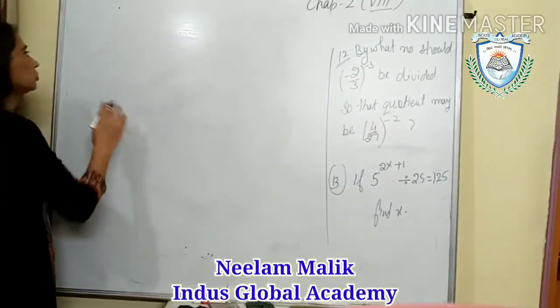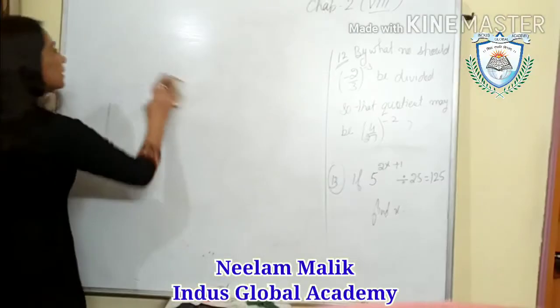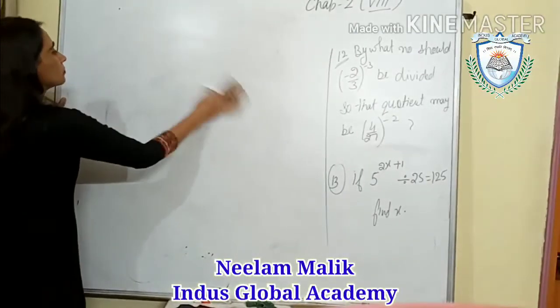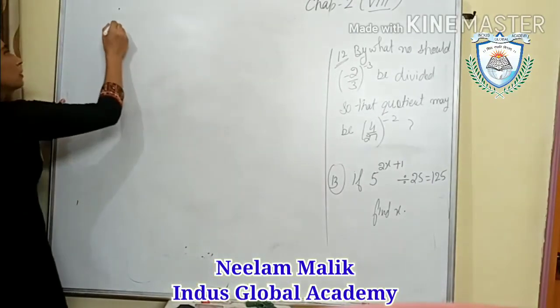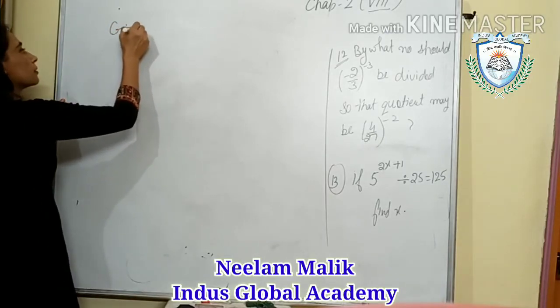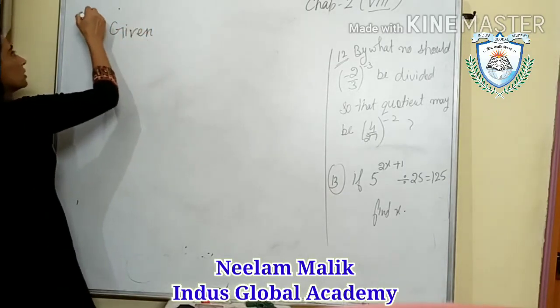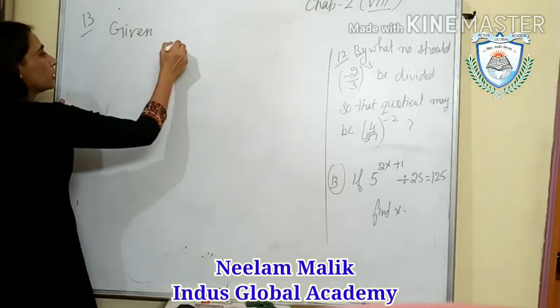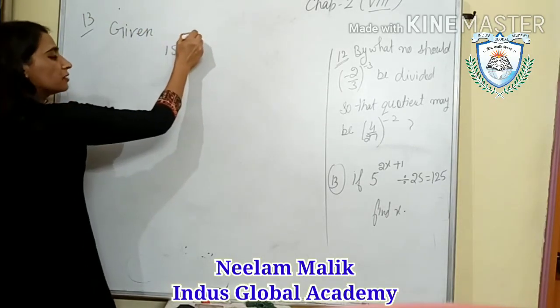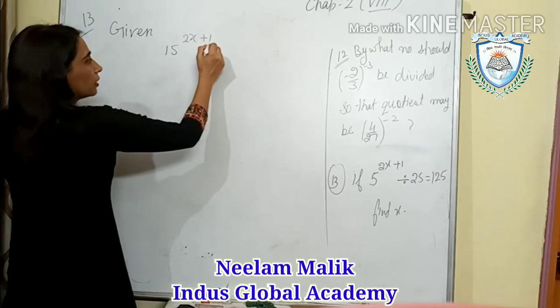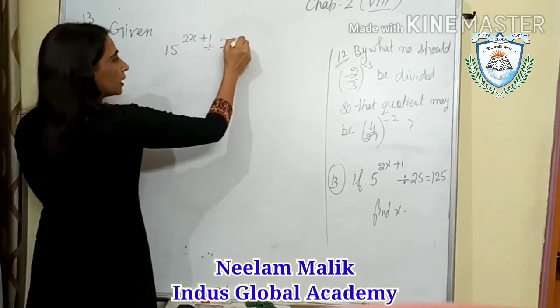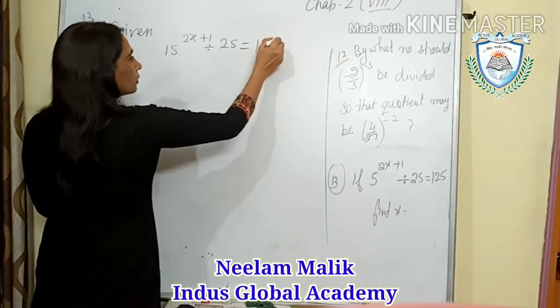Okay, so what is given? First we will write that. Given, question number 13: 5 raised to 2x plus 1 divided by 25 is equal to 125.